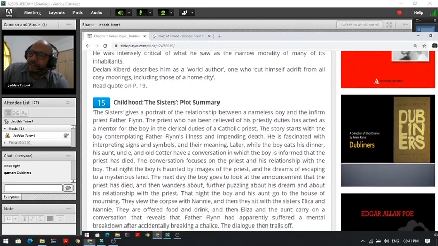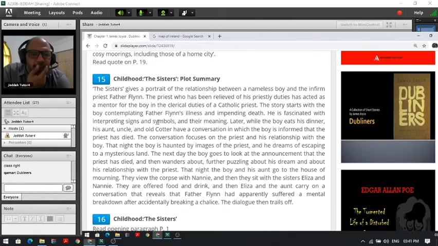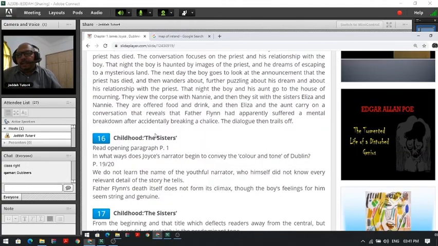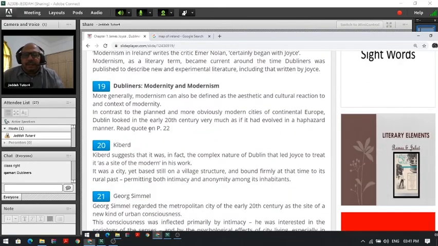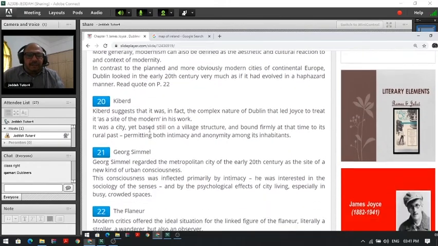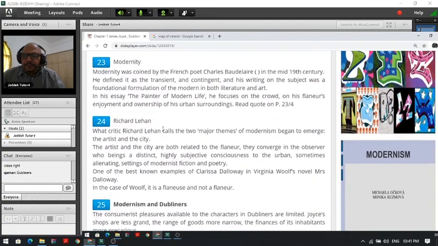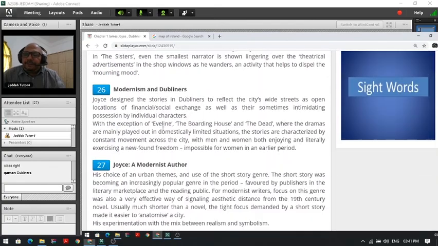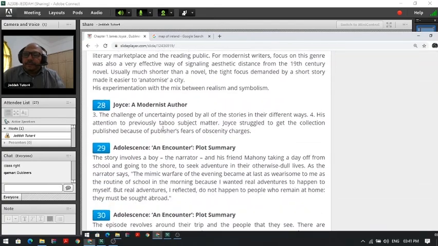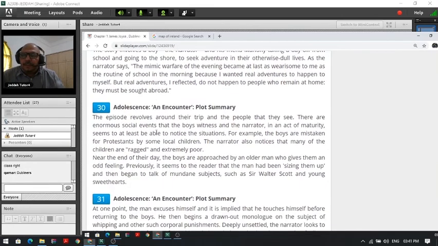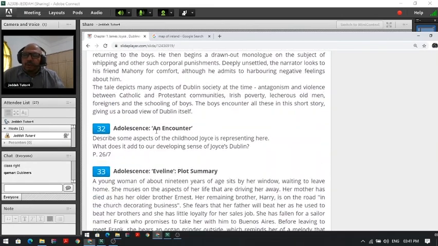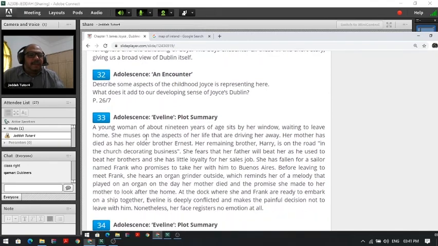We'll have The Sisters, one of the short stories. And when we finish with The Sisters, we're going to have something by the title of An Encounter, another short story. And then we're going to have Eveline. Eveline is a third short story.